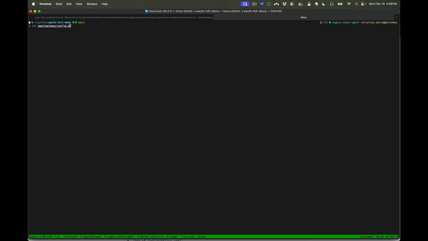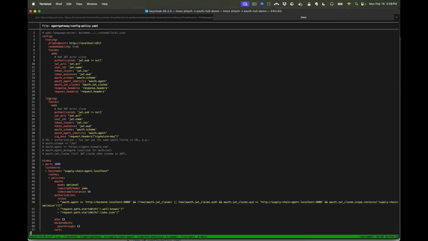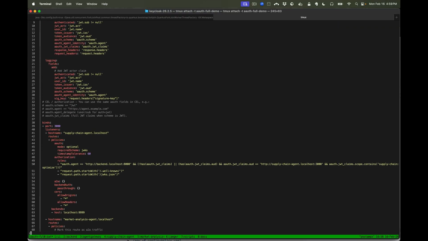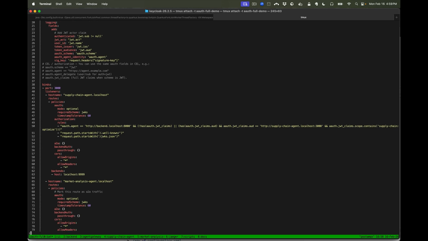the Agent Gateway policy. So here is a configuration. Whenever a client or an agent calls the supply chain agent, we can first of all implement AAuth, right? And we can specify the type of scheme for agent identity that we want. Then we can apply rules to what sort of traffic is allowed to be calling into the supply chain agent.